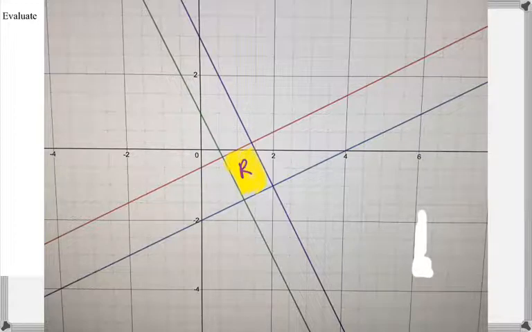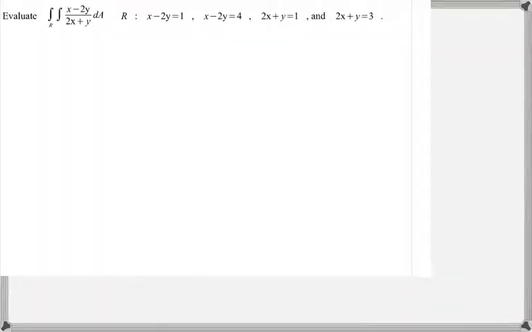And so what we want to do is use our change of variables so that we can have a simpler object to work with. Okay, so let's take this off. All right. So notice that we have x minus 2y is equal to 1 and x minus 2y is equal to 4. So we can go ahead and call that u.